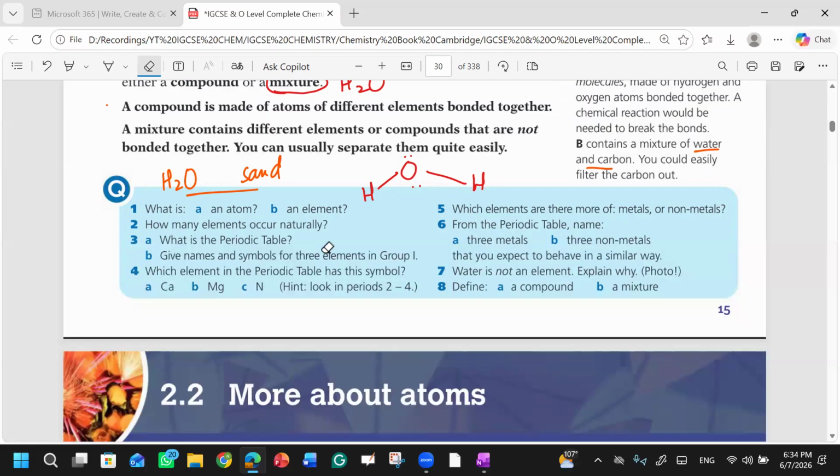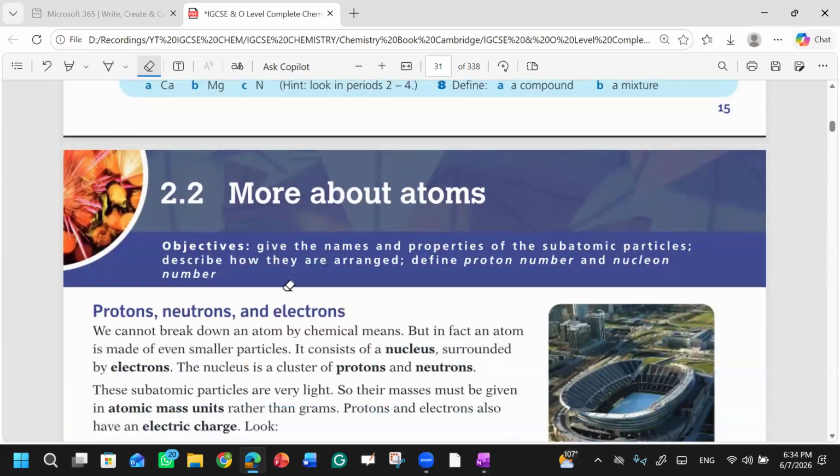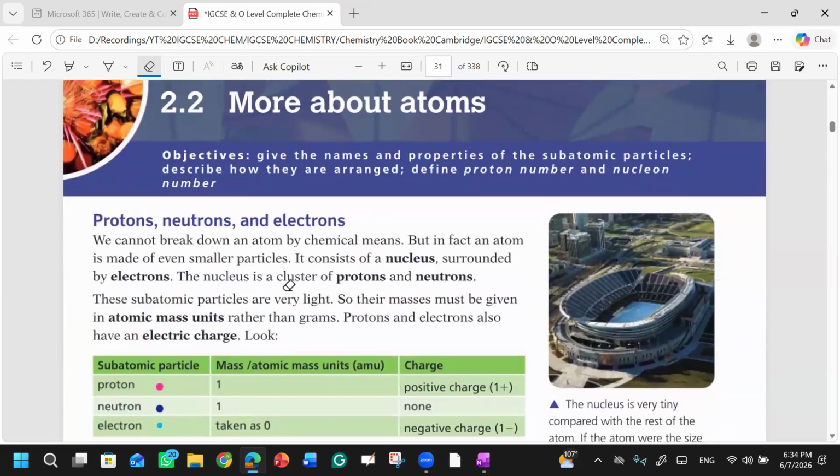A compound is made up of different elements that are bonded together. Clear? Yes. Okay.